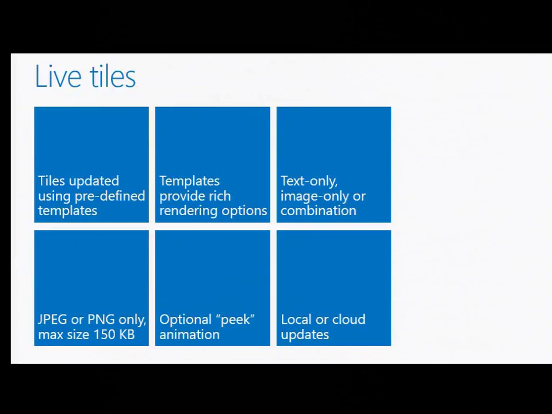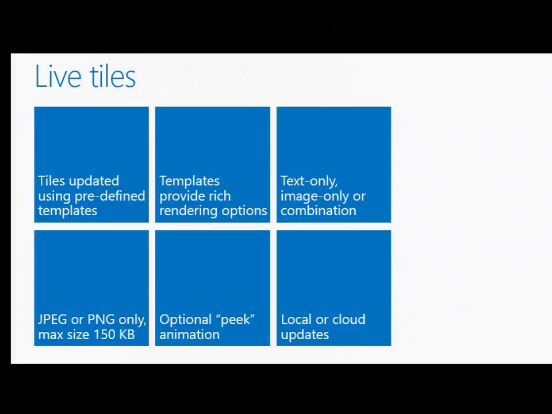So what we're going to do here is show you how a live tile can be created, for which there actually is a built-in helper project, which makes it easier for you. By default, a live tile is just a bunch of XML, and these helper classes make it a lot easier to work with this from C#.